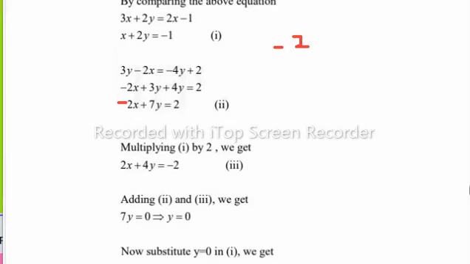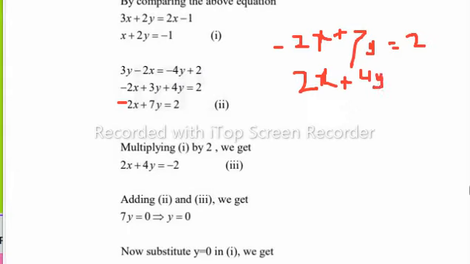Minus 2x plus 7y is equal to 2, and 2x plus 4y is equal to minus 2.